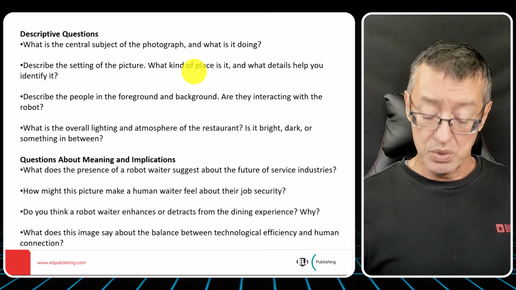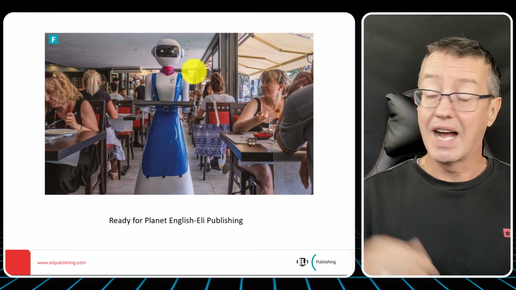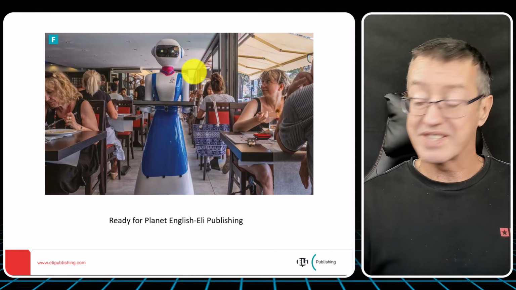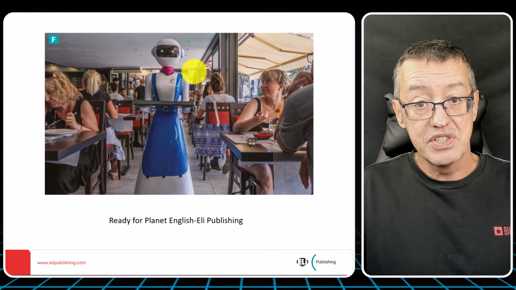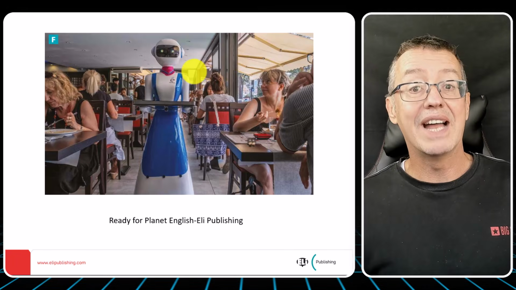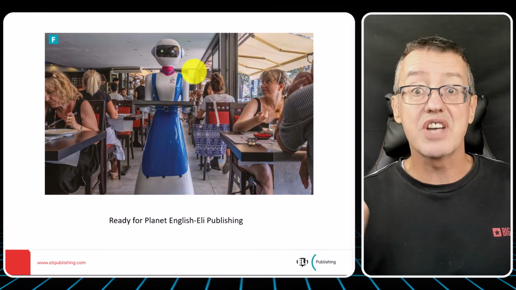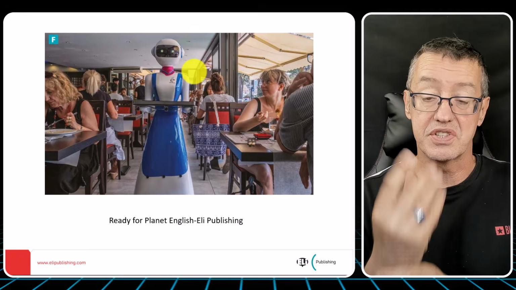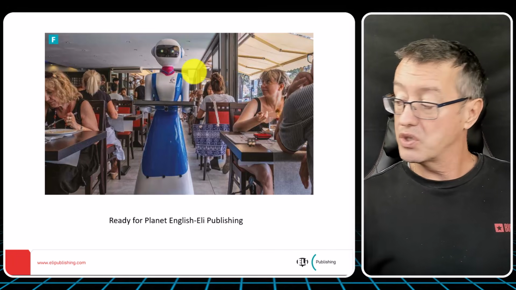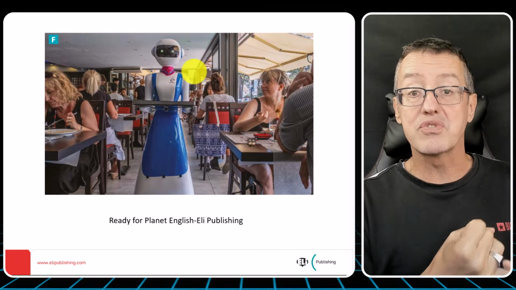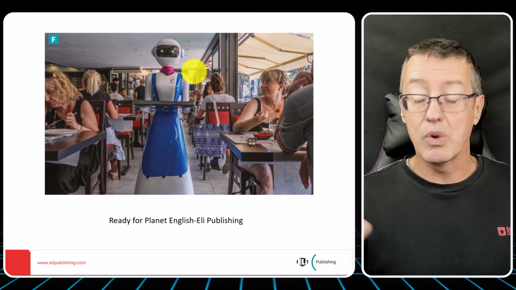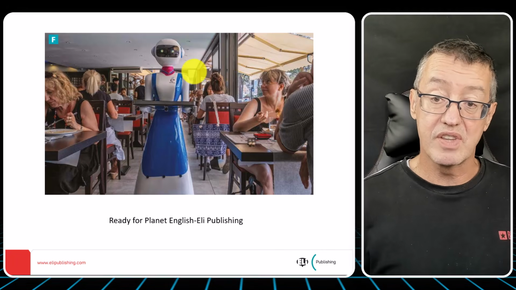And then what you do is you move back to the picture and tell the students now to work in pairs. They read out their questions to their partner and then discuss the answers. So in total, they're going to answer 4 questions, okay? Because each student will have one descriptive question and one meaning question. If they work in pairs, there'll be 4 questions for them to discuss.